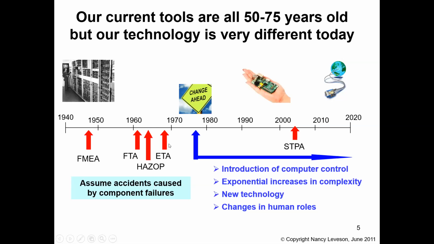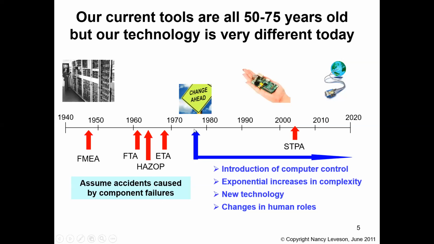Fault trees, HAZOP, event tree analysis, all of these were created in the 1960s. And you see, there's nothing new except the one, STPA, that we created since the 1960s. That's a very long time ago. And all of those old techniques that most people still use assume accidents are caused by component failures.